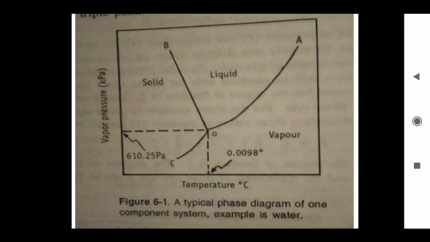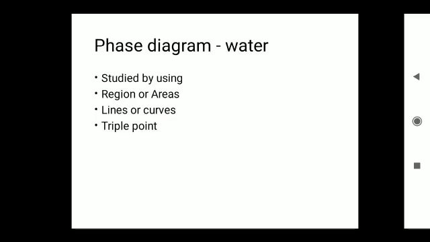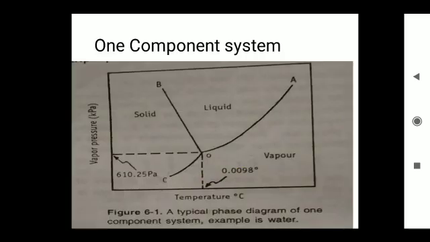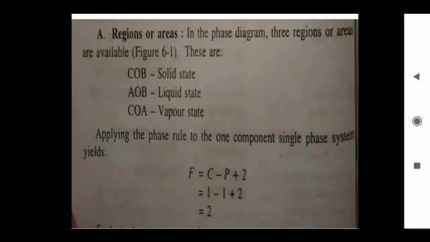The triple point values of water are 610.25 pascals and 0.0098 degrees centigrade. Now, regions or areas.